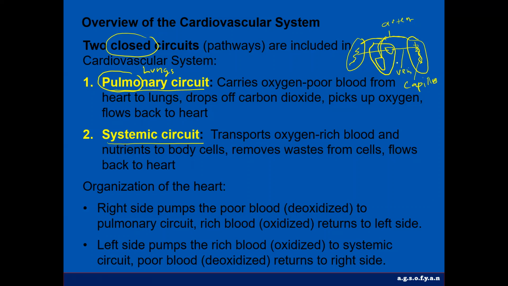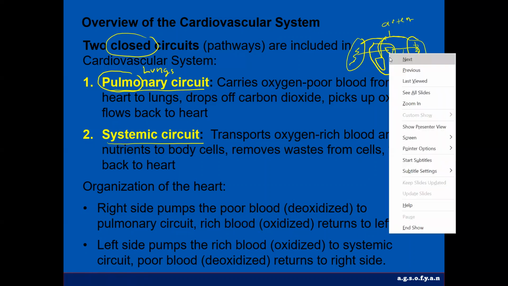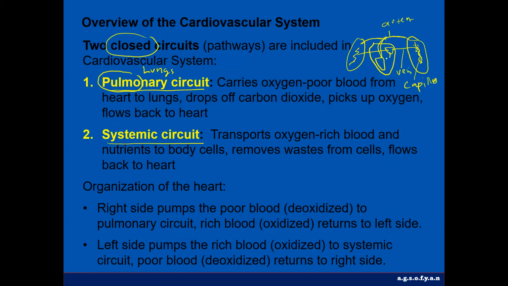So this is a closed circuit. And then this circulation will be continued with the systemic circuit. From the left side over here, the blood will go down to the left ventricle.